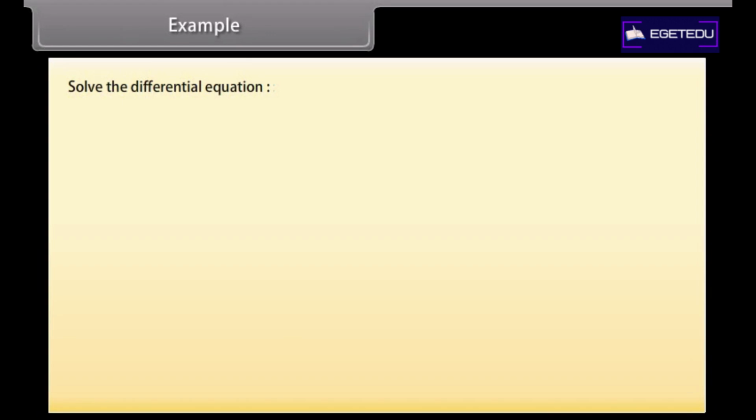Solve the differential equation dy/dx + 3x²y = 6x². Solution. Given dy/dx + 3x²y = 6x². Name it as 1.